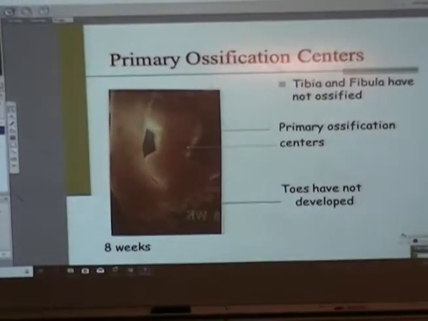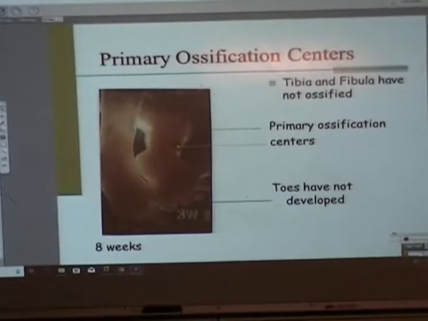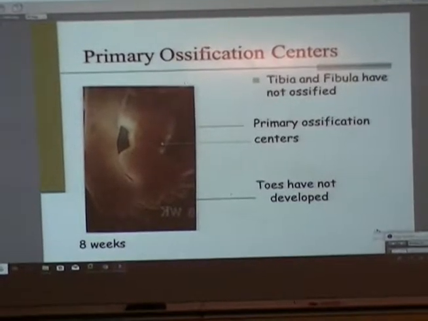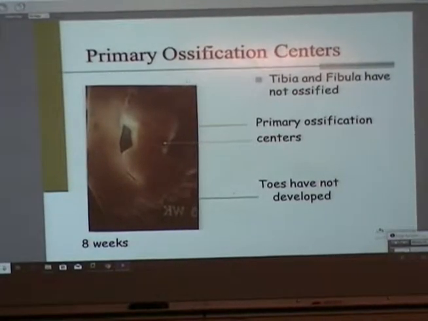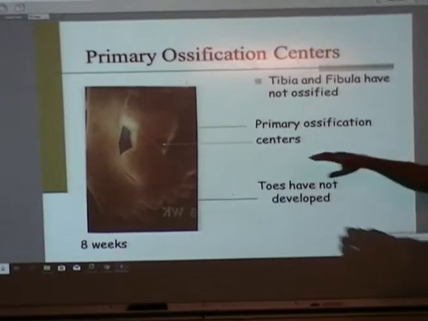So the tibia, the leg bone, is just kind of cartilage. It's not stiff yet. The primary ossification center is the point from which it starts to lay down mineral, so calcium, phosphorus, etc., and starts to create a hard skeletal structure.